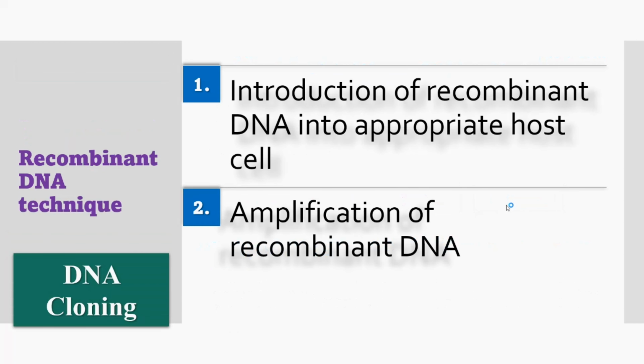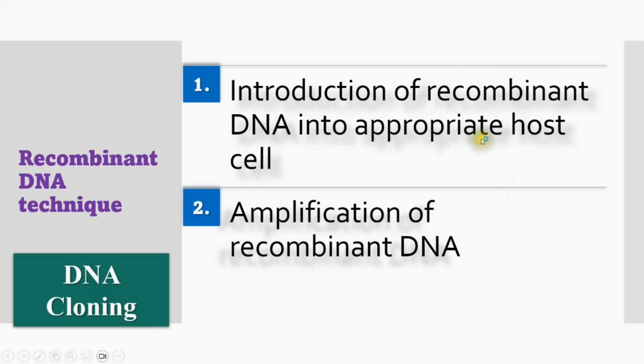Okay. Now we need cloning of this DNA, or amplify this DNA. Once we make chimeric or hybrid DNA, we can insert it into a suitable host cell and it can modify or amplify the intended DNA. This is called amplification of recombinant DNA.